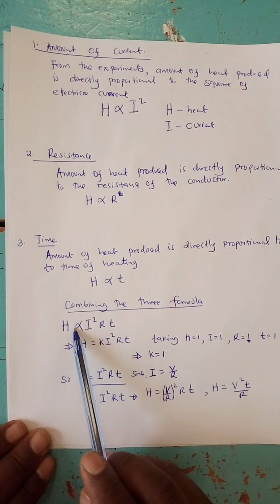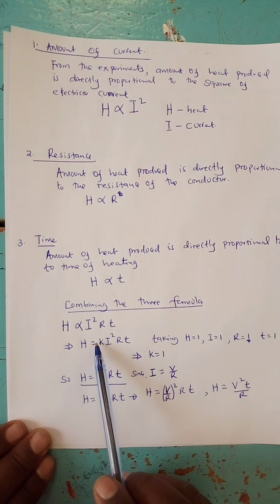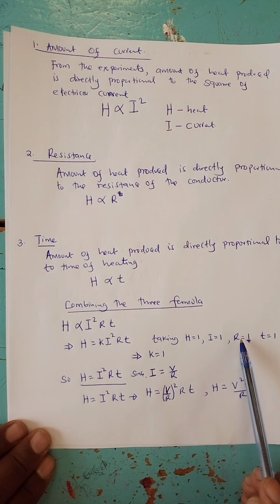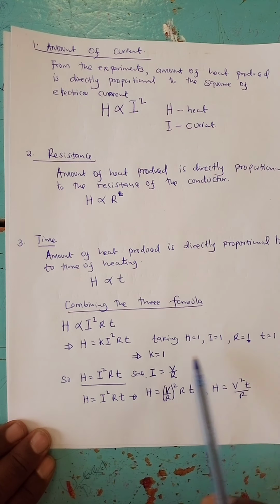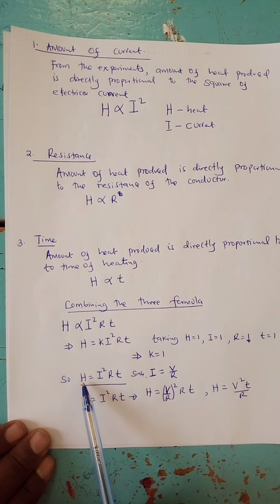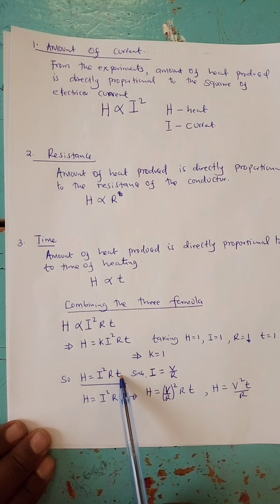If you remove this proportionality sign, you say H is equal to K I squared RT. Taking H to be 1, I to be 1, R to be 1, and T to be 1, K will also be 1. So if you substitute 1 here, it will be H is equal to I squared RT.